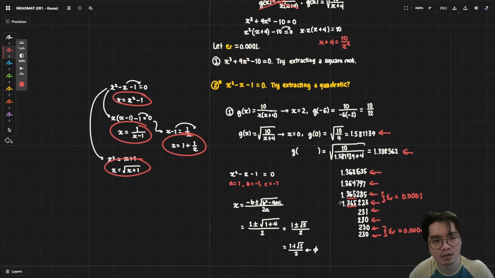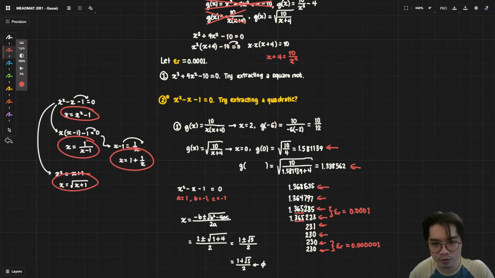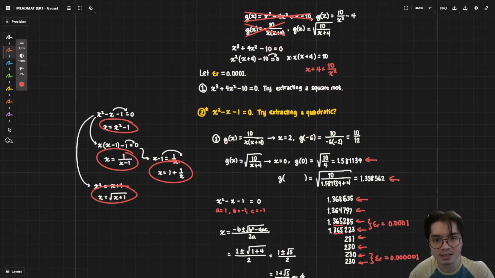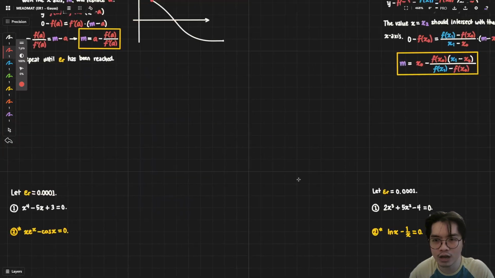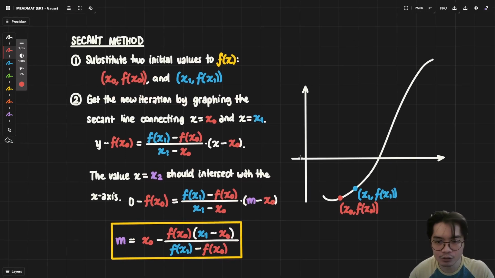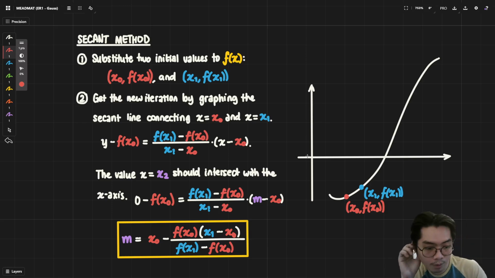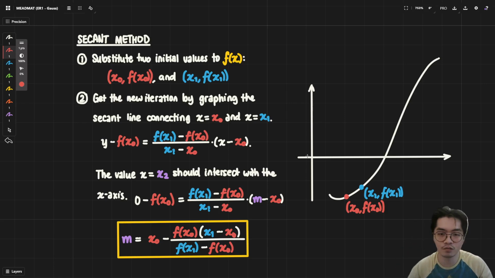And yeah, that is it for the fixed point iteration. And before we go and discuss the superstar of the root finding algorithms, let's look at the secant method first. In calculus, in Calculus 1, what we talk about in the beginning is the definition of a derivative, which is basically the slope of a curve.